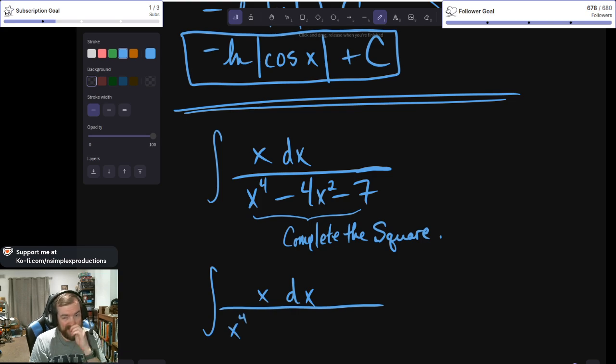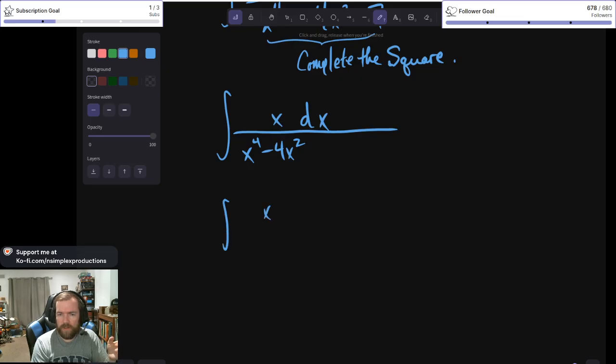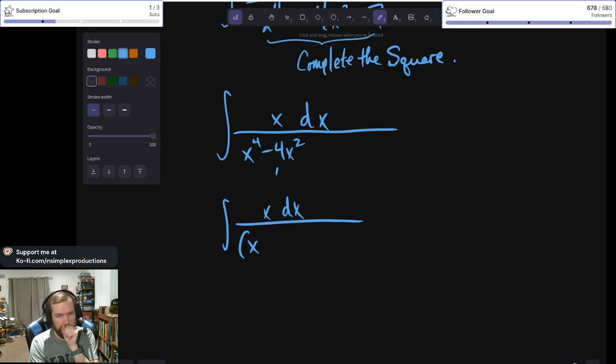Alright, if we do x to the fourth minus 4x squared, what we can do is to say we want something squared to get us a nice value. And don't worry about the constant part yet. What we can do is say, if we do this as the integral of x dx over parentheses x, what's going to get you the middle term? Okay, x squared minus something squared.